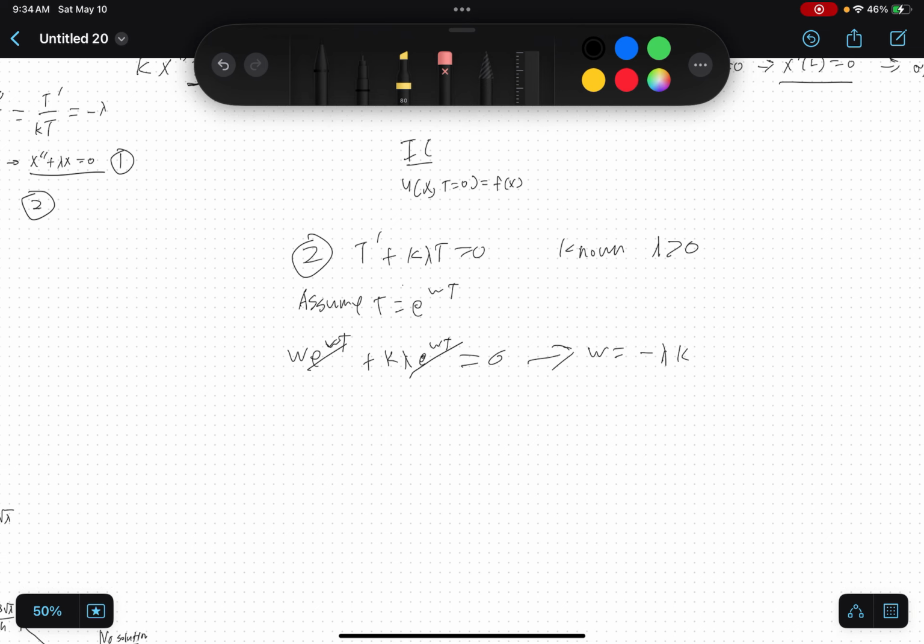Cool. And then we get that T equals A e to the negative lambda k t. Yep, and there's only one solution here.